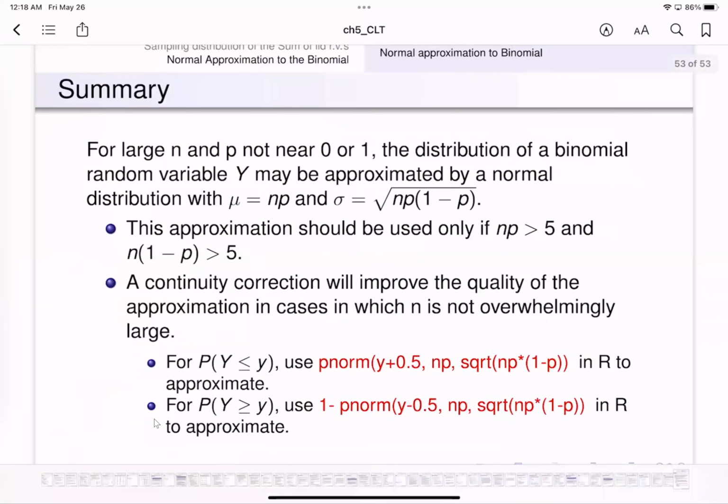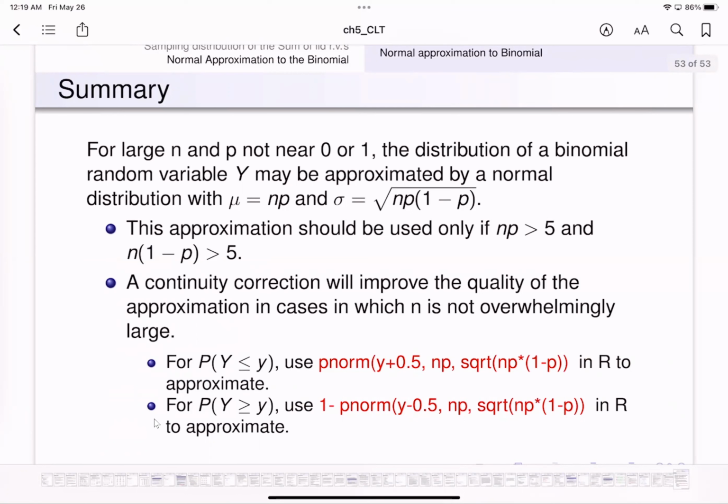So, in summary, when we learned the binomial, if n is very large and the success probability p is not too close to 0 or too close to 1, in that case, we can use the normal to approximate the binomial distribution, and probabilities regarding the binomial can be computed using the normal.